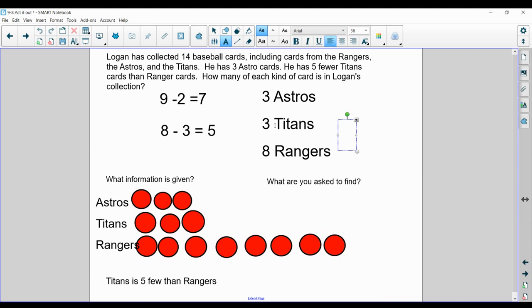That would tell me I have 3 Titans cards, right? Or I can just look for the difference of 5. I couldn't do something minus 5 because I didn't know what the Titans was. I didn't know what the Rangers were, so I had to start from somewhere. Okay, you literally have to guess and check to see that your answers fit.